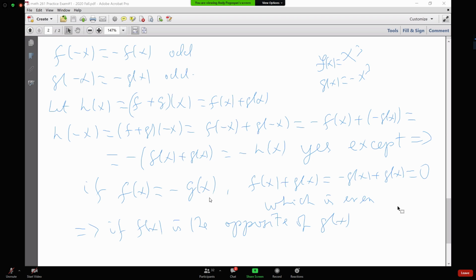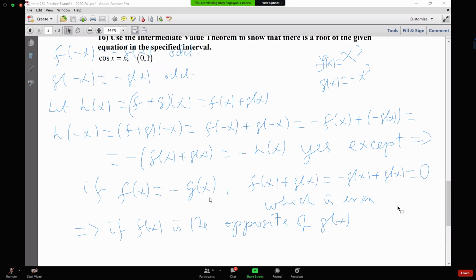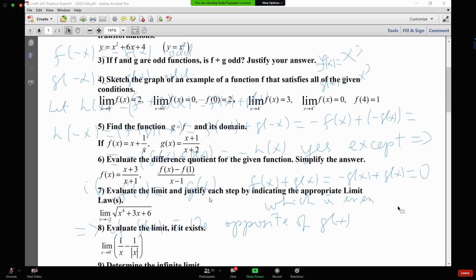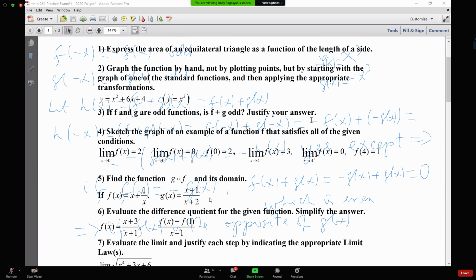But let me just see exactly what the question says. Actually, they ask you if this is odd, and they ask you to explain. See, the problem says, is it, right? Justify your answer. Any answer you make, a yes or no, you need to justify.